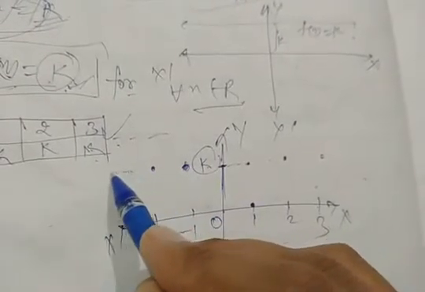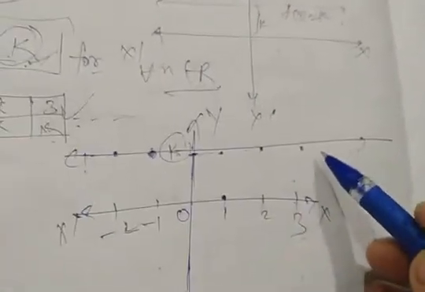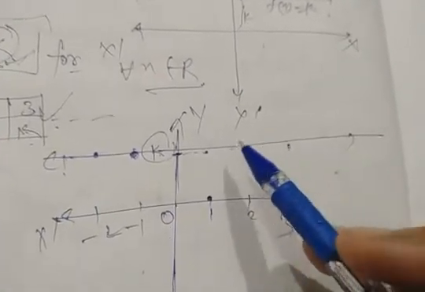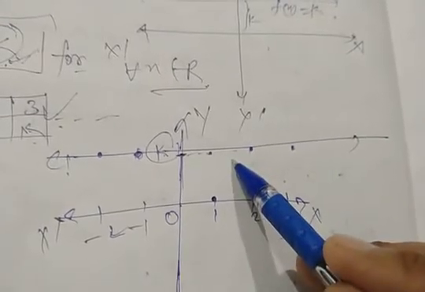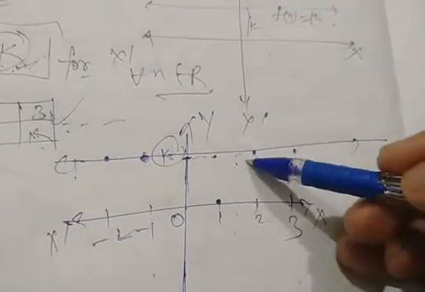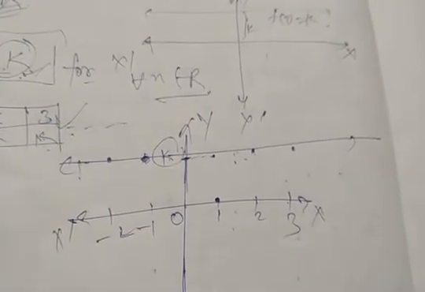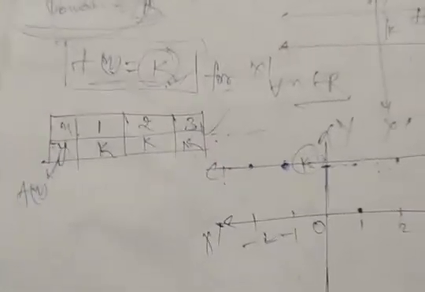So if we join all the points, then what type of graph do I get? Yes, the graph of a constant function is a straight line parallel to x axis which is above or below as k is positive or negative. Okay, so this is constant function.